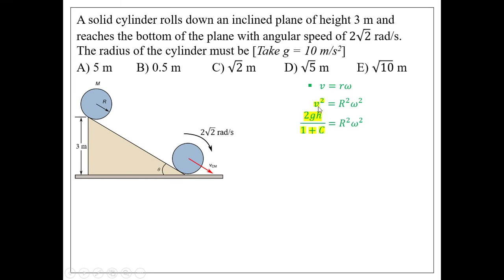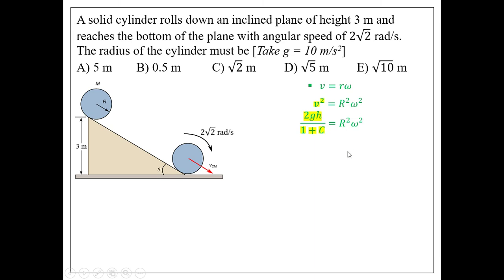The v squared function for rolling motion down an incline is given as 2gh divided by 1 plus c. Again, this proof has been done in my other videos. If you need to, go watch it. So here I want to square v, because v squared is 2gh over 1 plus c. And what you do on the left side, you have to make sure you square the right side as well. So this is just R squared omega squared, which has carried down here.